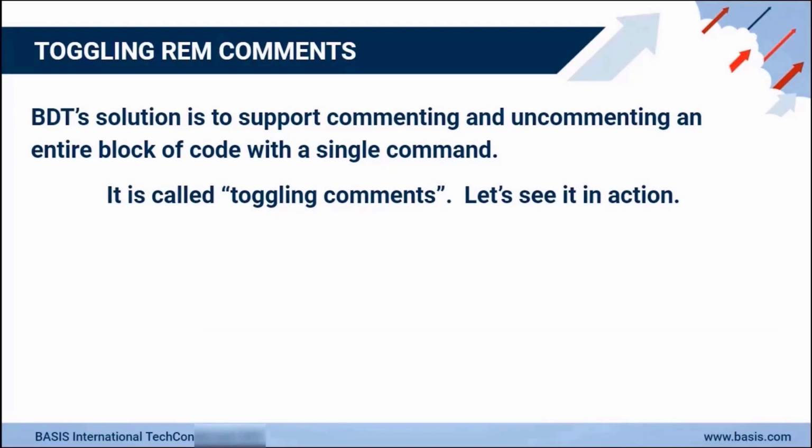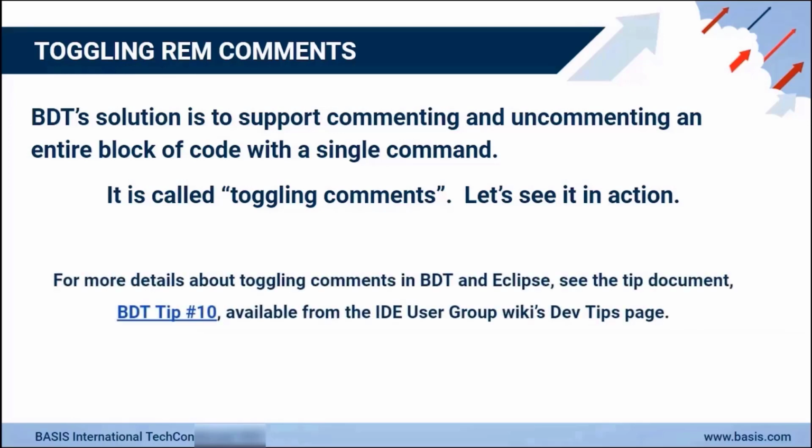The BDT solution is to support commenting and uncommenting an entire block of code with a single command. We call this toggling comments, and let's see it in action. By the way, for more details about toggling comments in BDT and Eclipse together, you can see the tip document, BDT tip number 10, that's available from the IDE User Group Wiki's Dev Tips page.